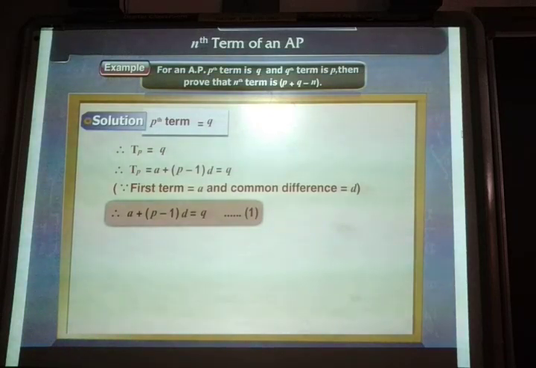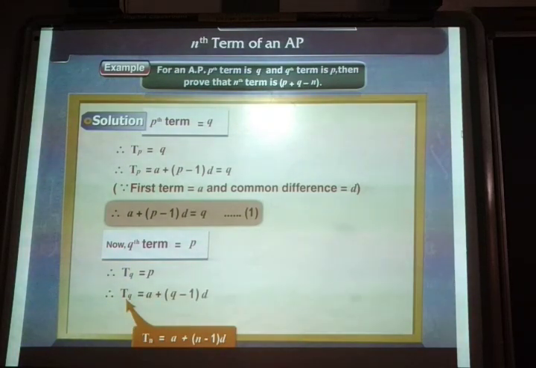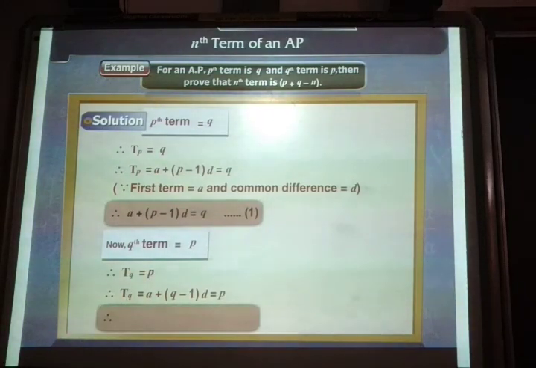Now, the Qth term is equal to P. Therefore, Tq is equal to A plus Q minus 1 into D is equal to P. Therefore, A plus Q minus 1 into D is equal to P. Equation 2.